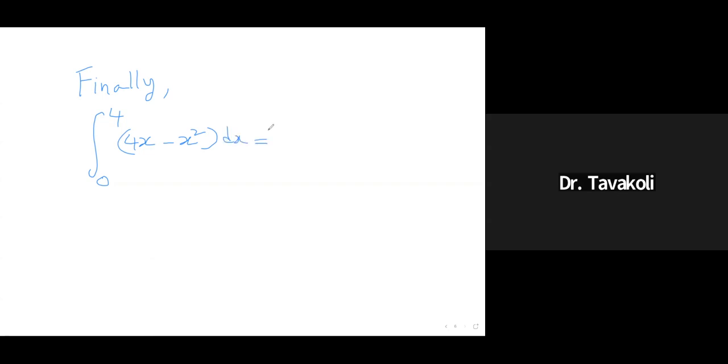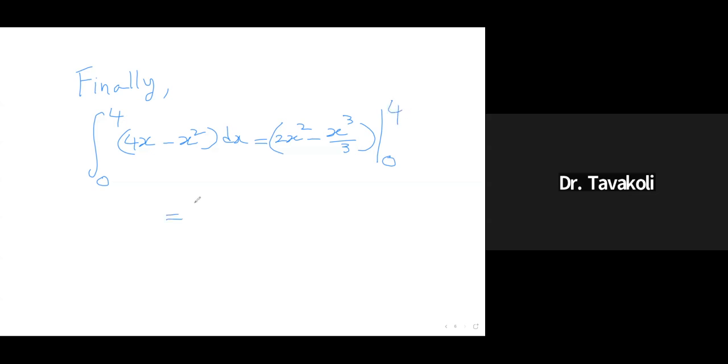The rest is simple. It's a Calc 1 type question. Antiderivative of 4x is 2x squared. Antiderivative of x squared is x cubed over 3. Then I should evaluate these at the limits of the integral.